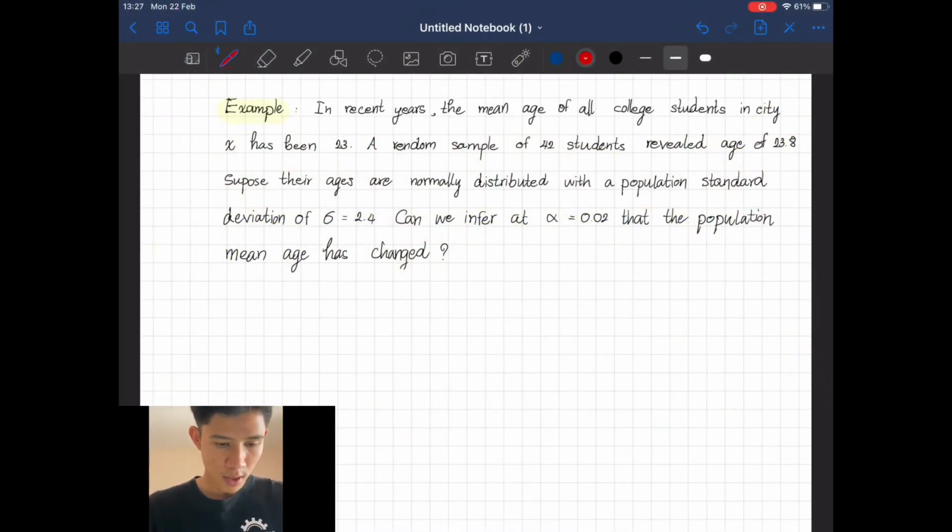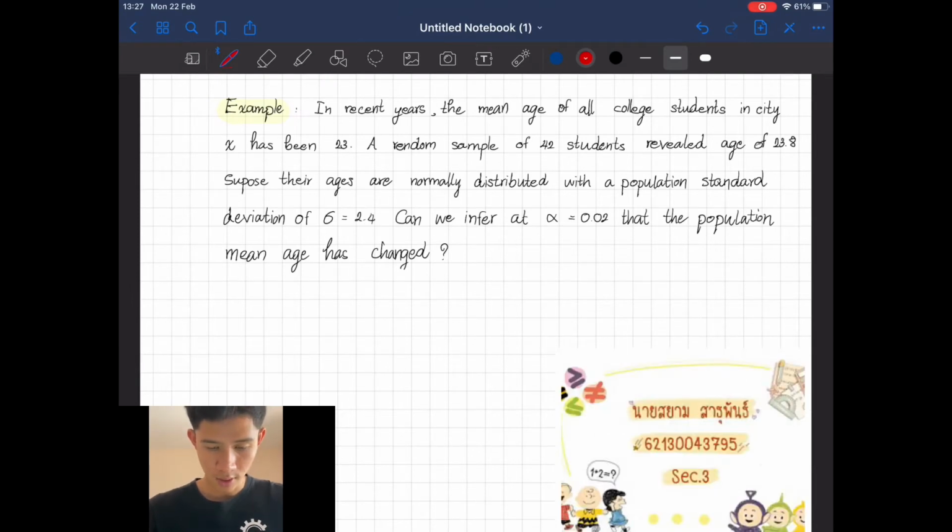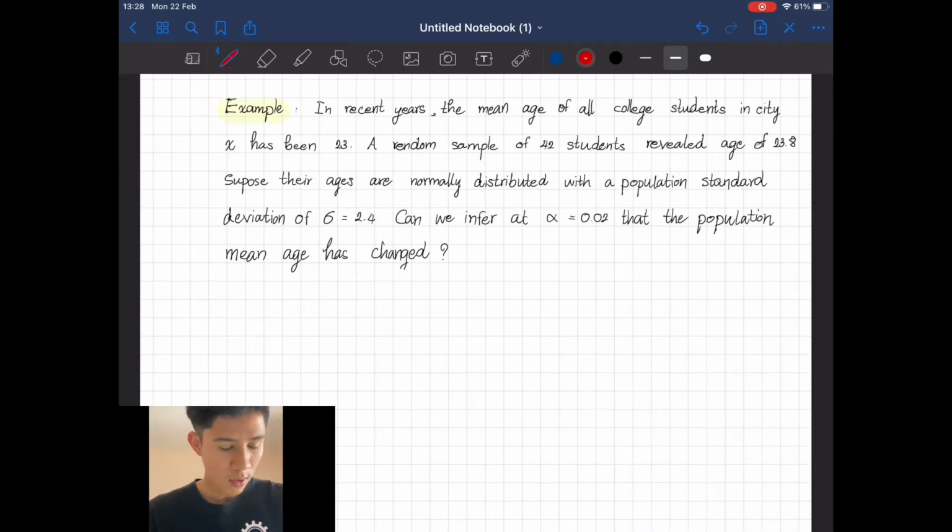Example: in recent years, the mean IQ of all college students in City X has been 23. A random sample of 42 students has a mean IQ of 23.8. Assume IQs are normally distributed with a population standard deviation of sigma equal 2.4. Can it be inferred at alpha equal 0.02 that the population mean IQ has changed?